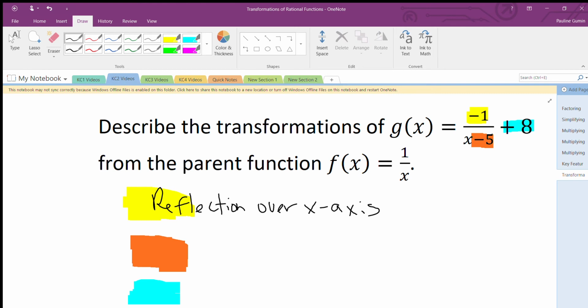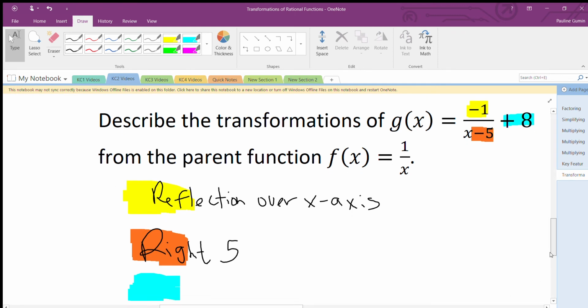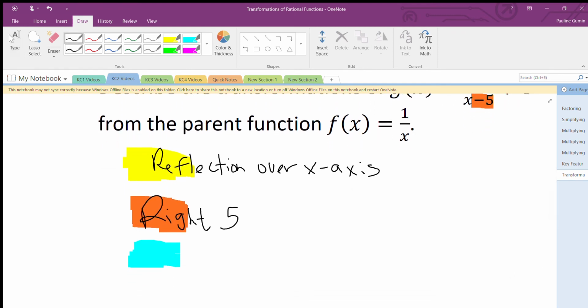The -5 is to the right 5. And +8, whoops, I need to move my screen a little bit. Thanks for bearing with me. And the +8 is up 8.